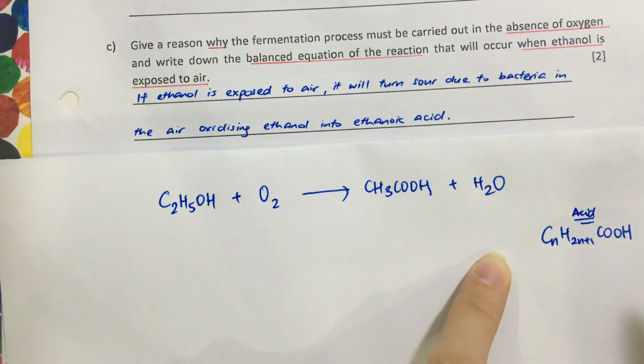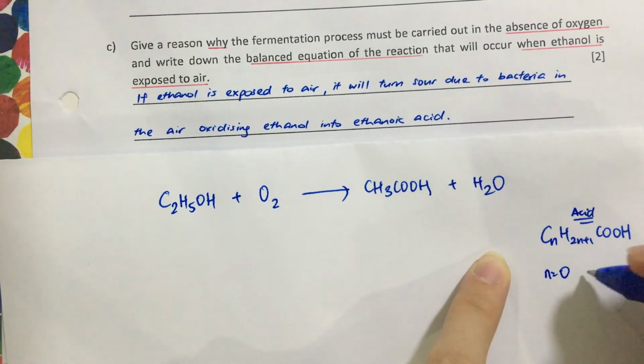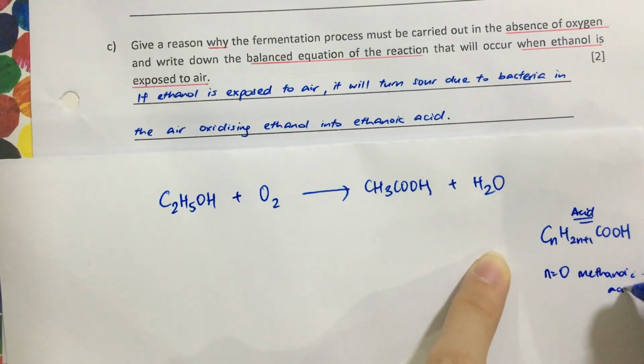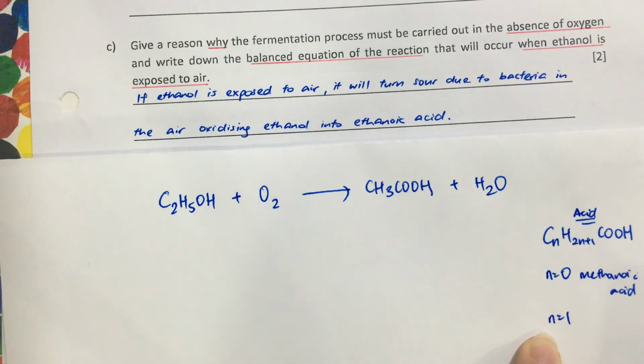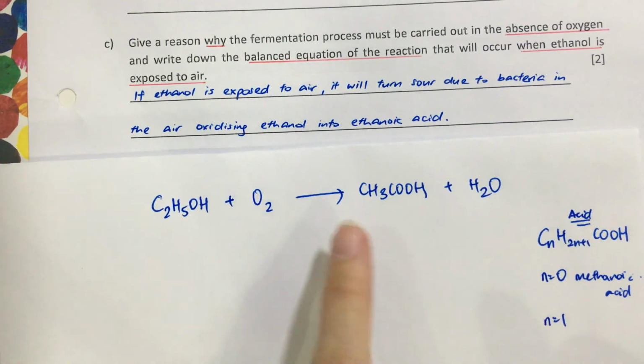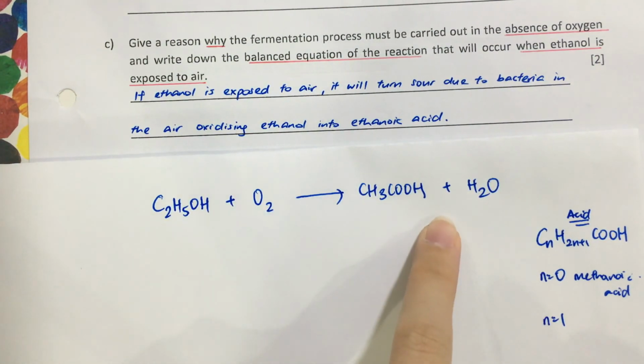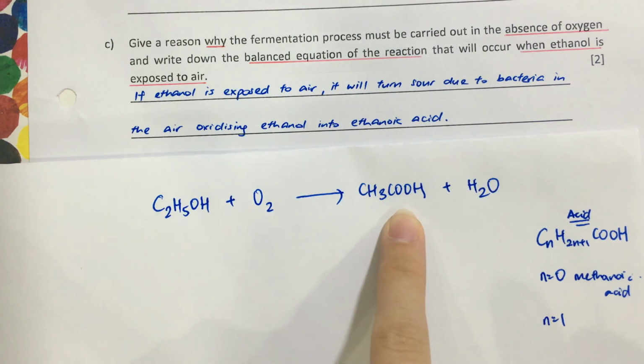Acid is a special case. n equals 0 for methanoic acid. So for ethanoic, n equals 1. Okay, so because n equals 1, that's where we get this formula for ethanoic acid.